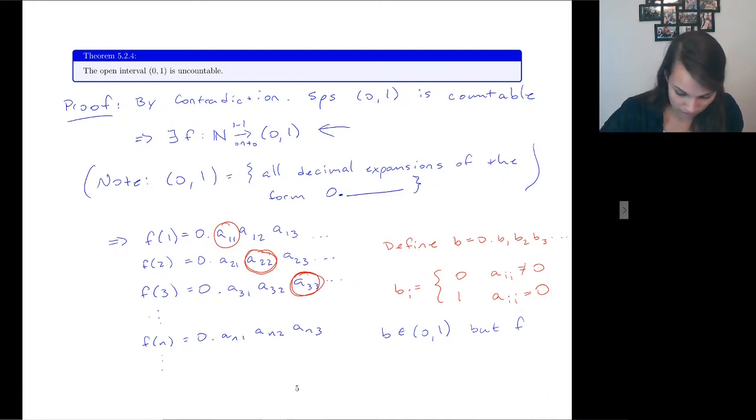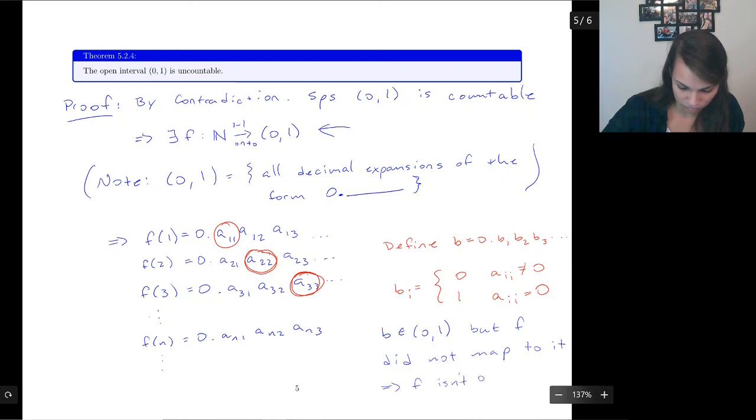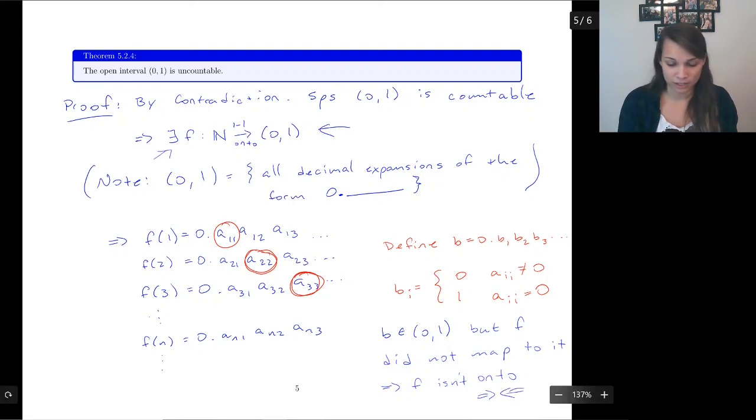But f did not map to it. So that means that f isn't onto, because it missed somebody. But that's a contradiction, because f is defined to be a bijection.